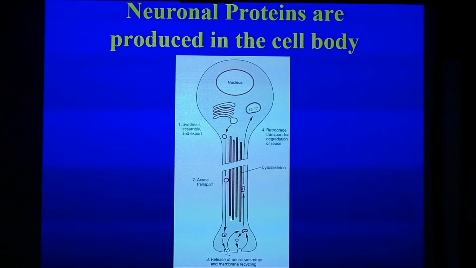But we also said then that inside this exquisitely thin phospholipid bilayer, the biological membrane, is all of the cytoplasm of the cell. And that within that cytoplasm, we segregate protein synthesis in different places. Protein synthesis is going to occur up here in the cytoplasm around the nucleus in the neuronal cell body. It will be carried out both on free ribosomes and on ribosomes attached to the endoplasmic reticulum.